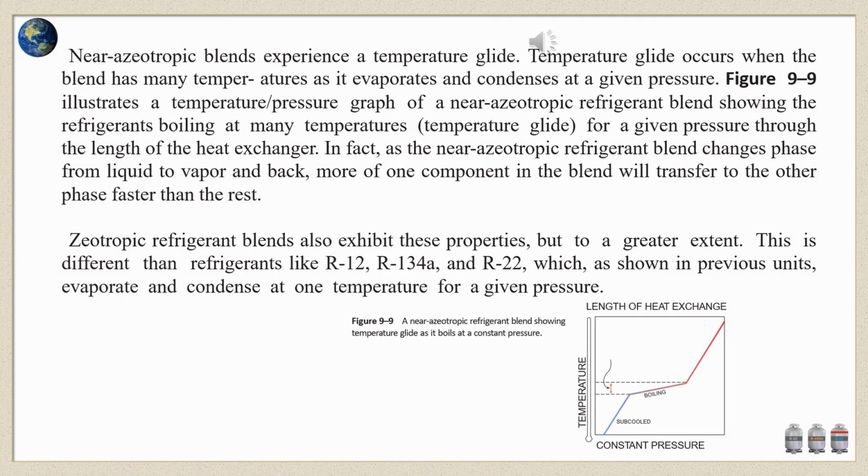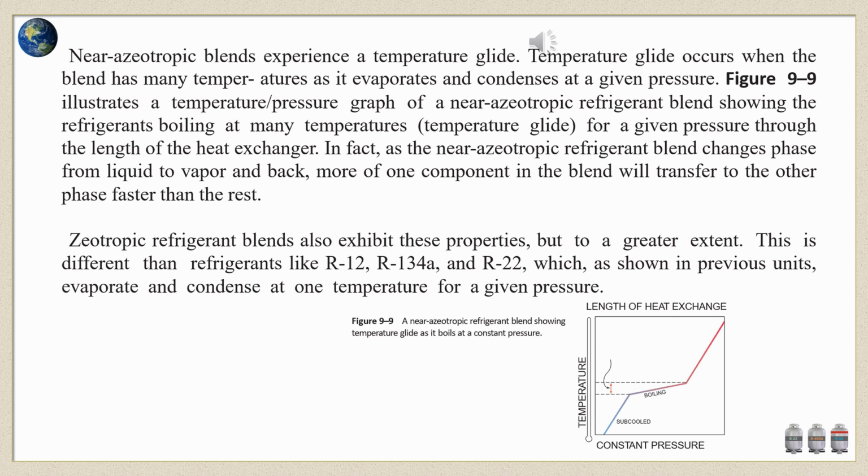Near azeotropic blends experience a temperature glide. Temperature glide occurs when the blend has many temperatures as it evaporates and condenses at a given pressure. Figure 9-9 illustrates a temperature-pressure graph of a near azeotropic refrigerant blend, showing the refrigerants boiling at many temperatures, temperature glide, for a given pressure, through the length of the heat exchanger.